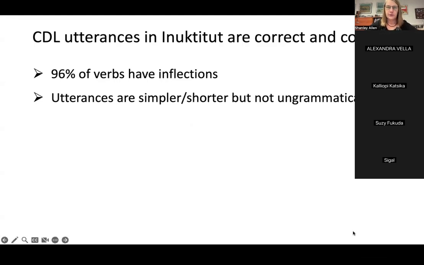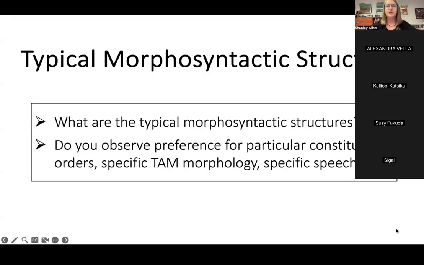Okay, so in Inuktitut, at least, this was not an interesting question for us, so we turned our attention to, well, if there aren't any ungrammatical structures particularly, then what do typical morphosyntactic structures look like? Which are questions we also mention in the manual.